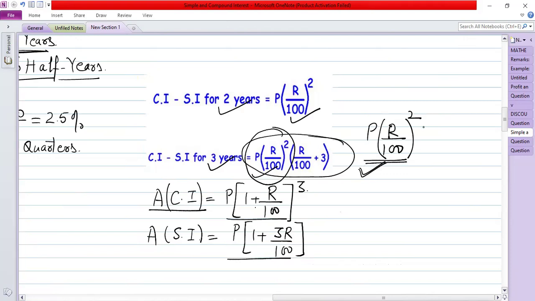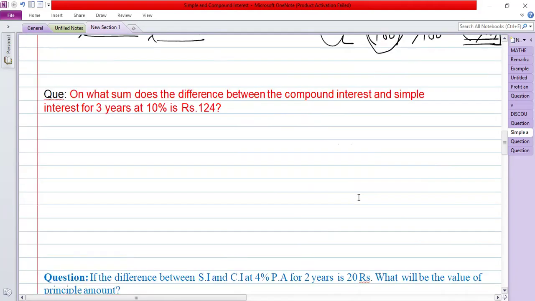And if it is for 3 years, then there will be an additional term multiplied. And what is that additional term? It is R by 100 plus 3. So this additional term is to be multiplied with this term.